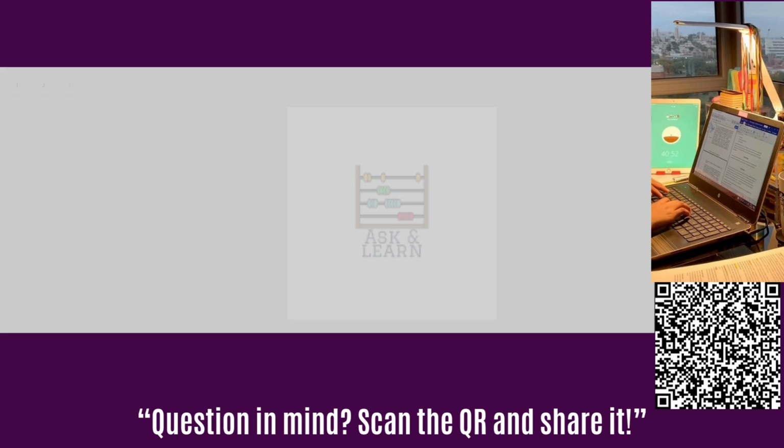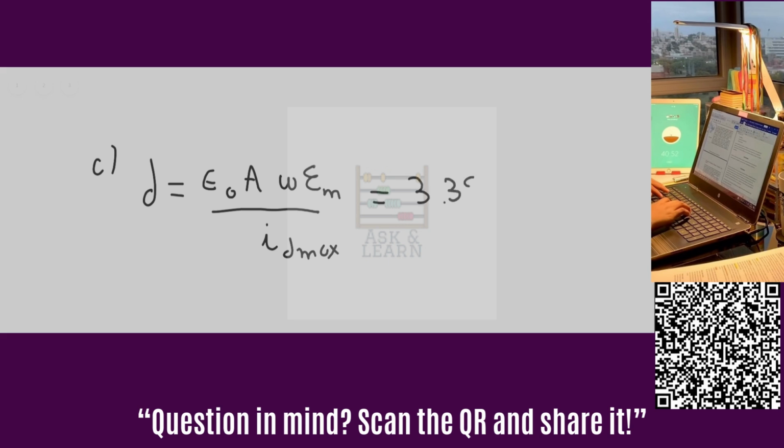Let me write this: we have d is equal to epsilon 0 A omega epsilon m divided by I_D max, and plug in the values that we got. We have this as 3.39 times 10 to the minus 3 meters, where we use the cross-sectional area as the area of a plate, pi r squared.